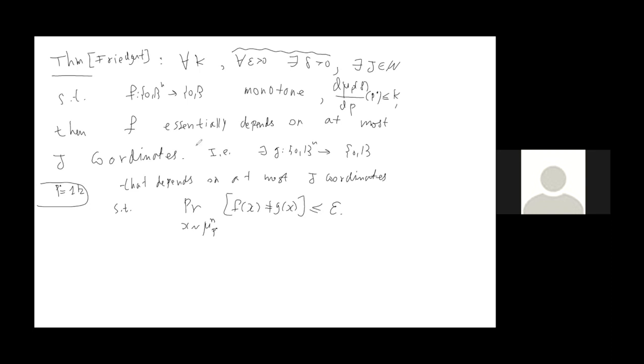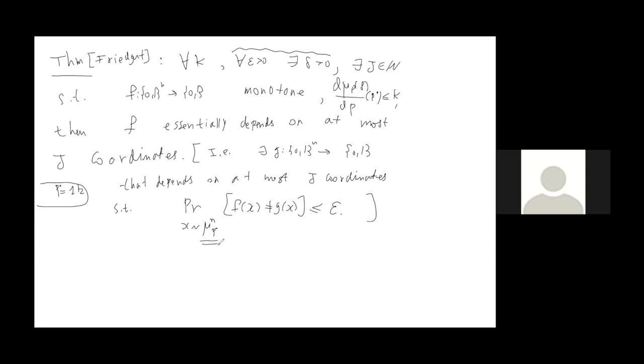Okay, so this is sort of the more formal meaning here. I wanted to say it because this distribution comes into play when you measure distance. And morally, at least, this is an if and only if statement, because if you have a function that depends on at most j coordinates, then you can show that the derivative is at most j on each point. But of course, formally, you only have closeness, so it's not an if and only if statement.